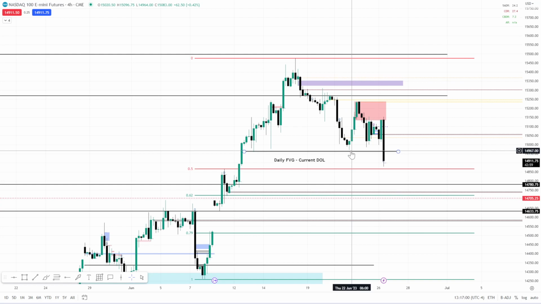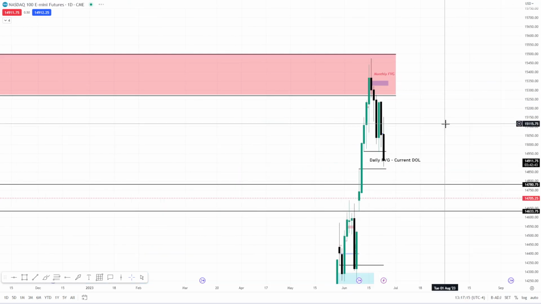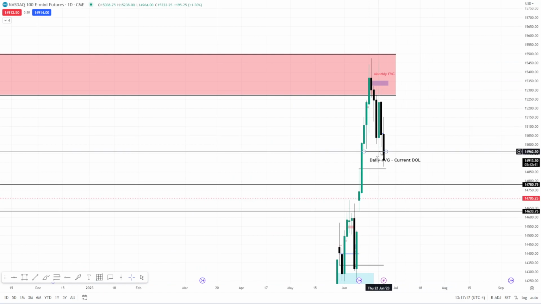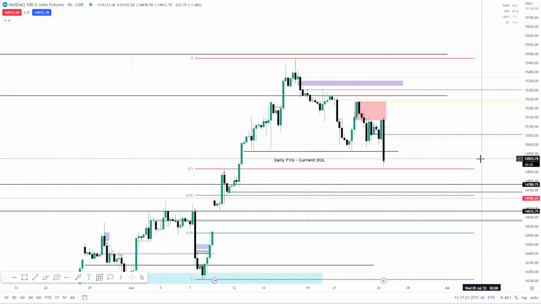So this also is that daily order block. So again, that's kind of giving confluence to the idea that price would return into there.